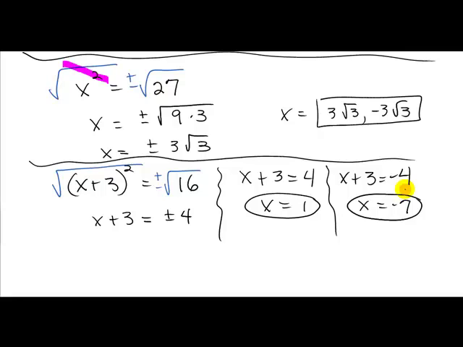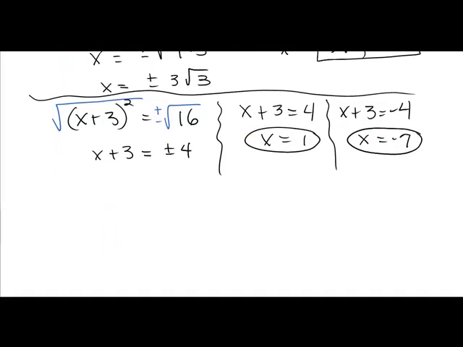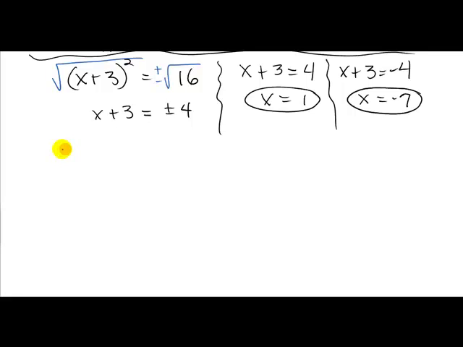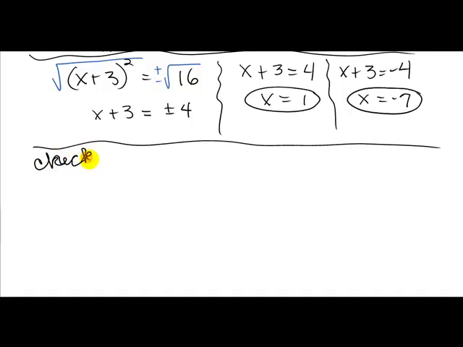And then let's see if those will check. Let's check these answers. They are equations, so we can check. Always start with your original. So I have x plus 3 squared equals 16. And let's see if it works. So the first answer is 1. So I have 1 plus 3 squared.